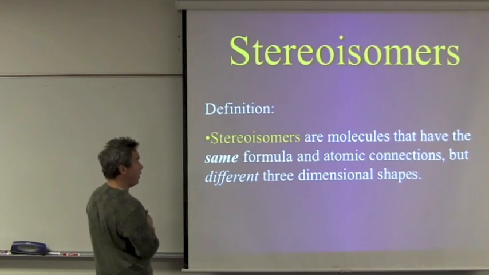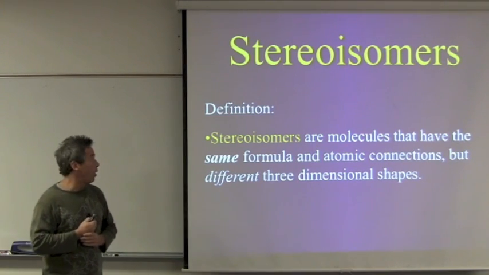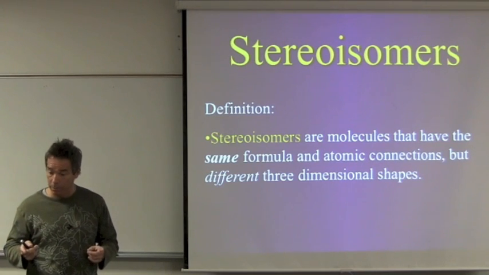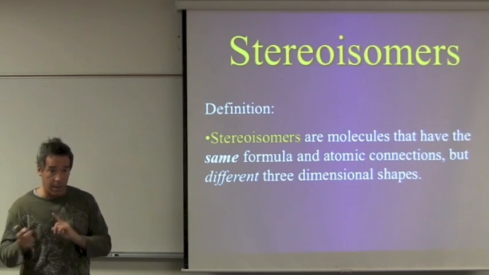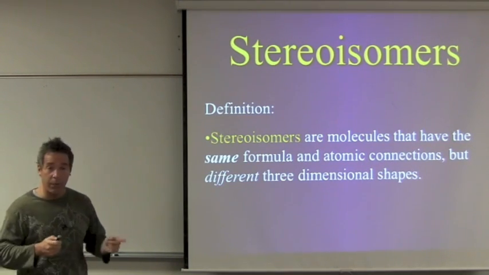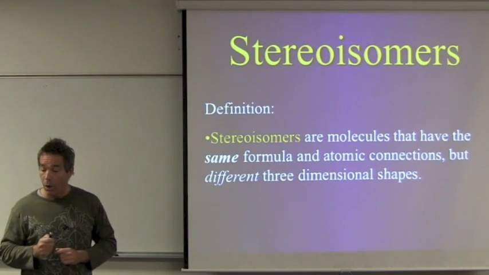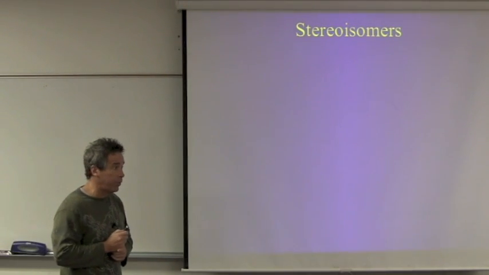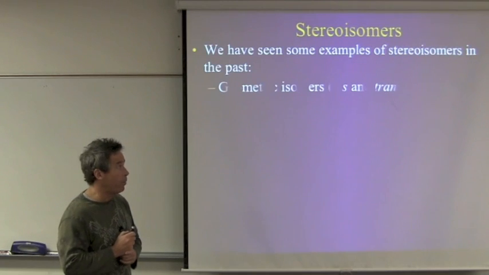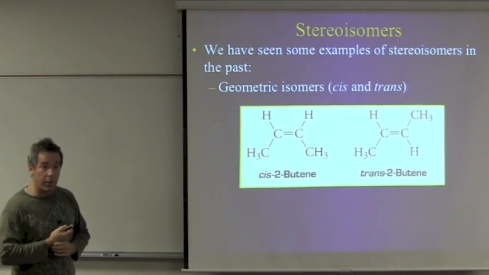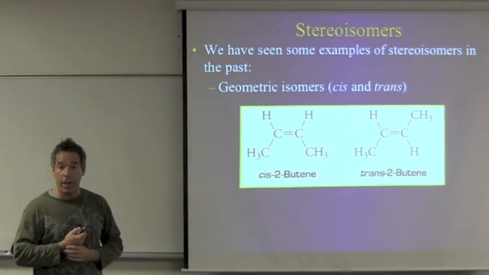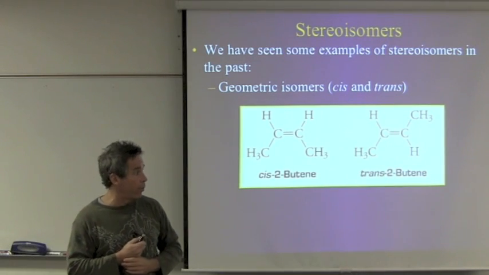Let's recall our definition of a stereoisomer: molecules that have the same molecular formula, the same atomic connections, but different three-dimensional shapes. We saw a particular type of stereoisomer in chapter 4 called a geometric isomer. Geometric isomers come about because of restricted rotation.